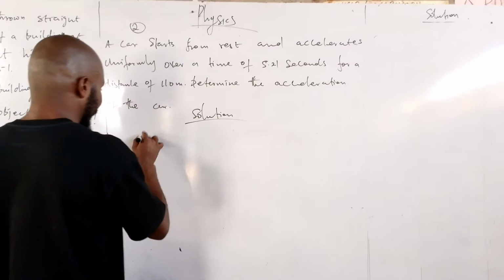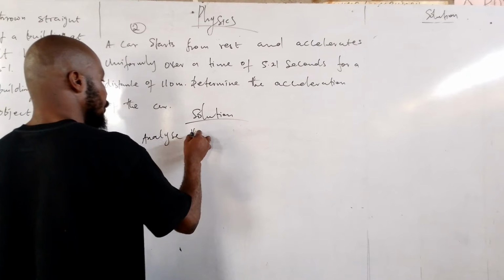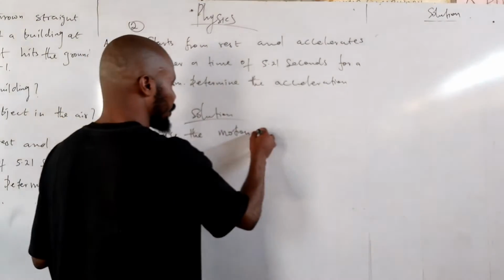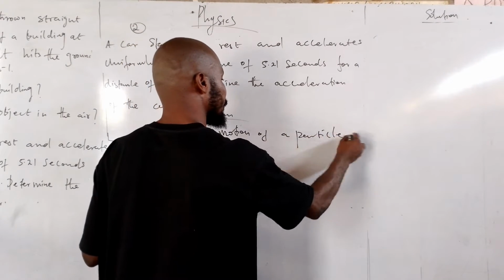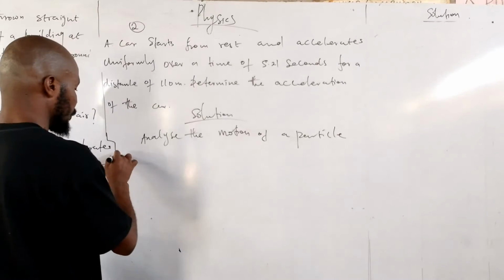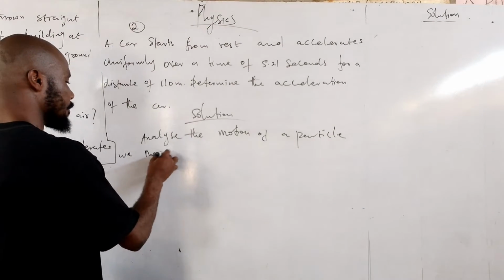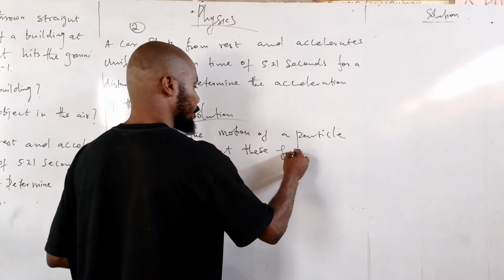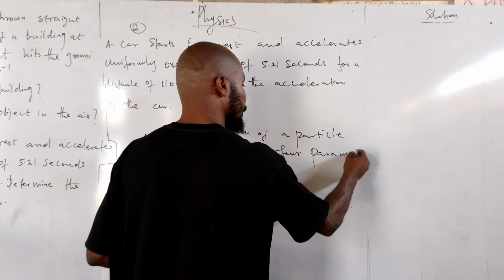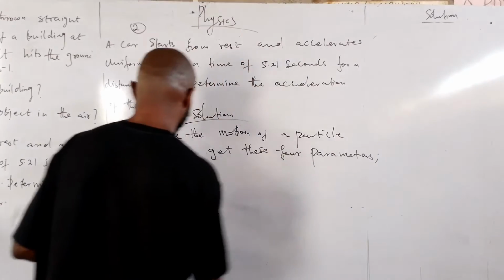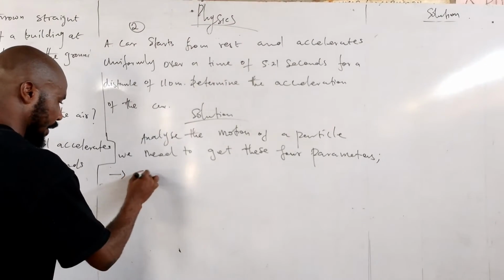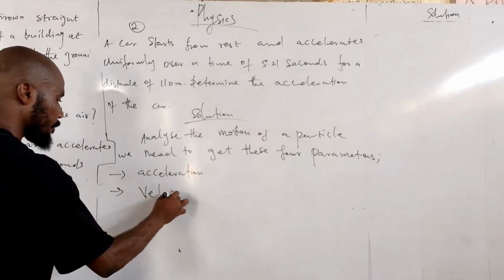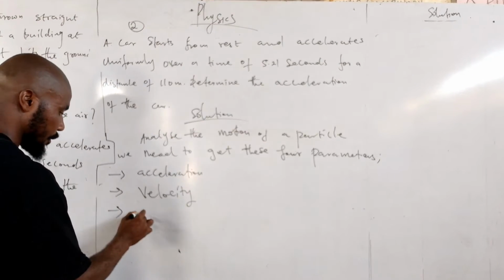Let me write it here. To analyze the motion, any type of motion whatsoever, we need to get these 4 parameters. 1, acceleration. 2, velocity. 3, displacement.